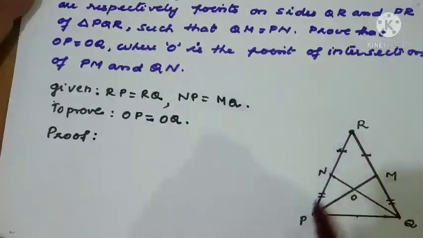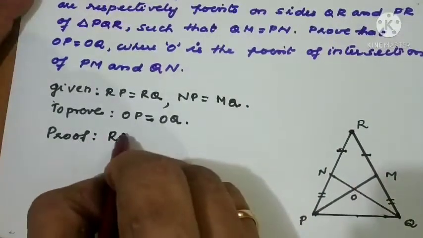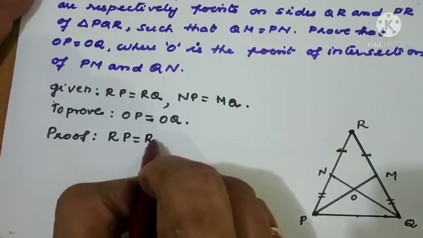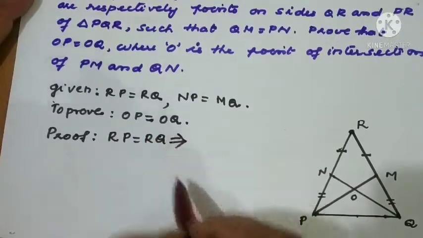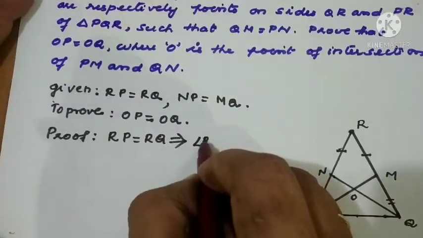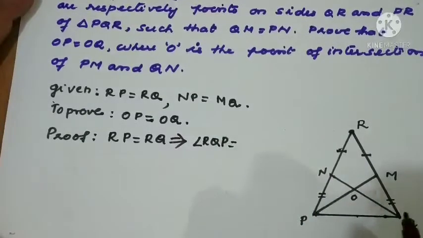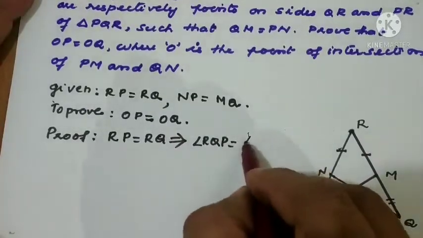Already given that RP and RQ are equal in triangle PQR. So RP equals RQ implies the angle opposite RP, which is angle Q, that means RQP, equals the angle opposite RQ, which is angle P, that means RPQ.